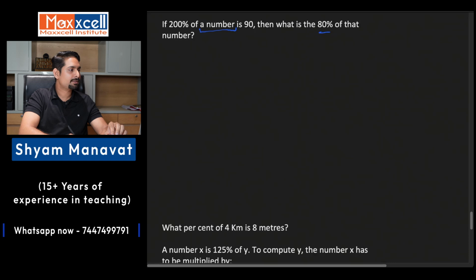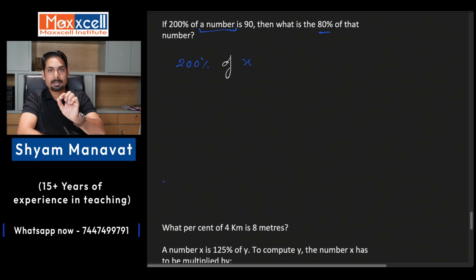So we have 200% of a number. I don't know the number, let's say x. If you want to replace "is" with the mathematical operator, what do you do?